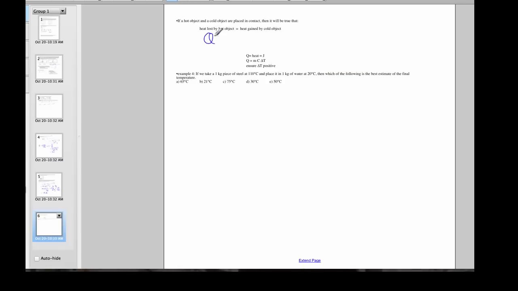So Q lost has to equal Q gained. Or another way of putting that is mc delta T lost must equal mc delta T gained.